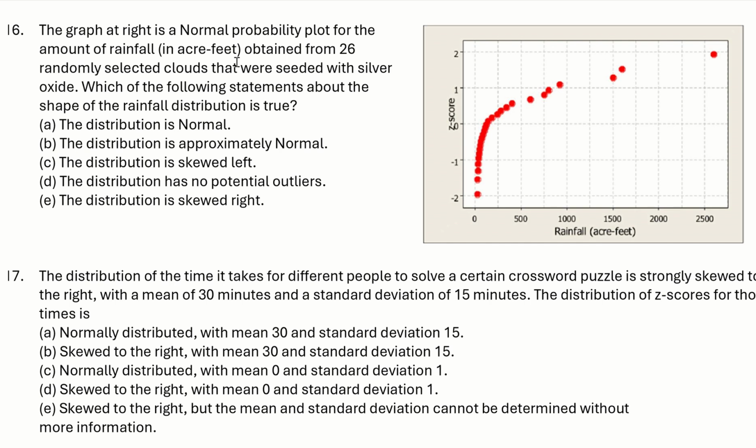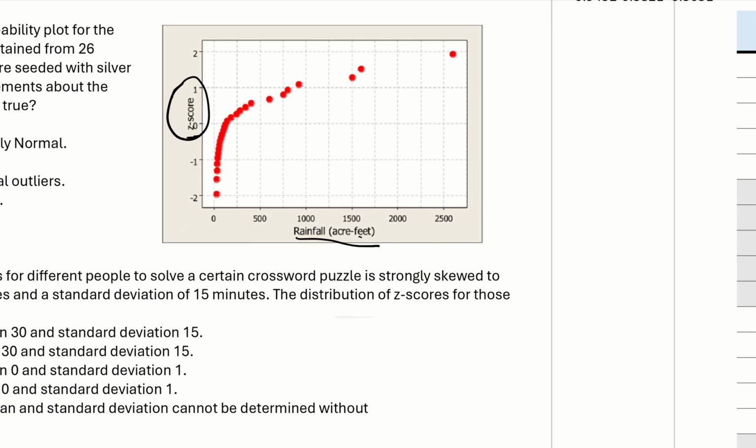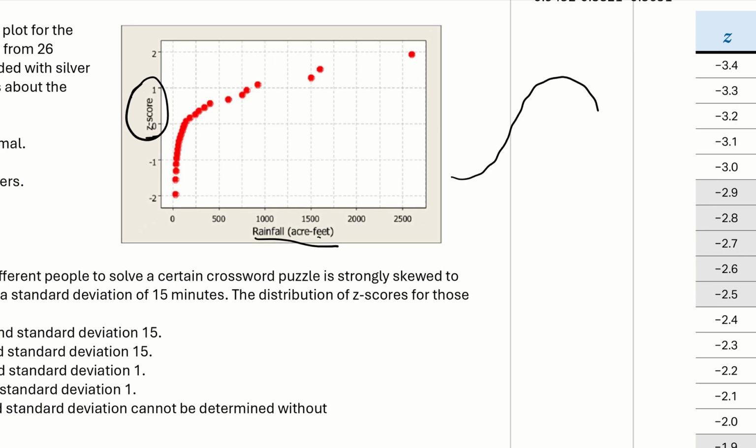But when you're doing a graph of the z-score versus the variable, in this case x is the rainfall, right?